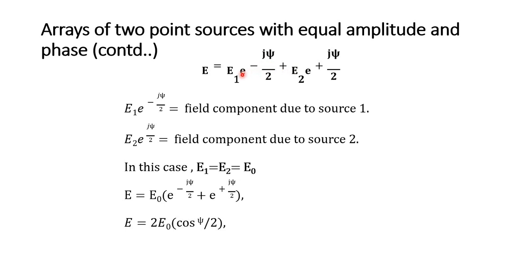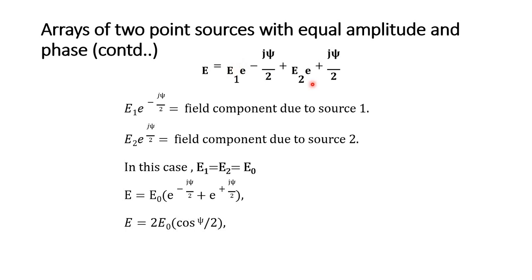So since it is lagging, we have written it as E1 e raised to minus j psi by 2, and this is the leading component, so it is e raised to j psi by 2. And since in this condition we have taken equal amplitude, we will write E1 equal to E2 equal to E0.